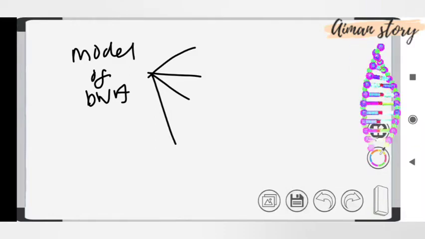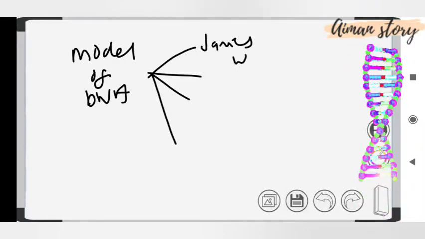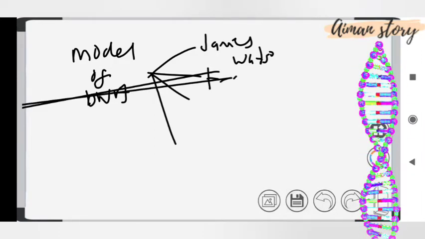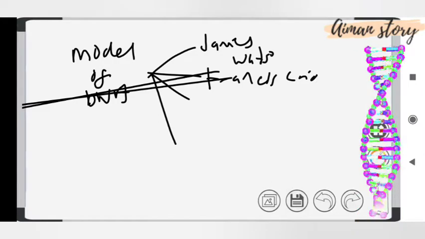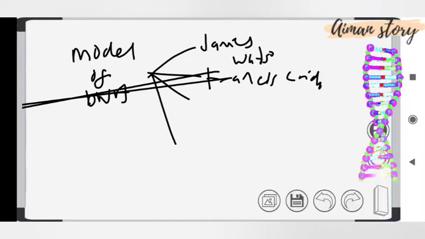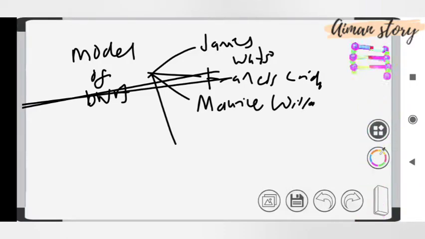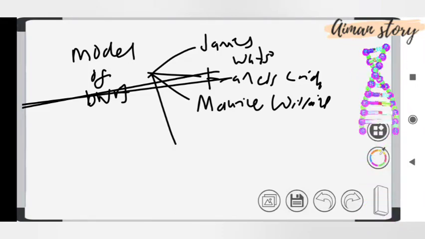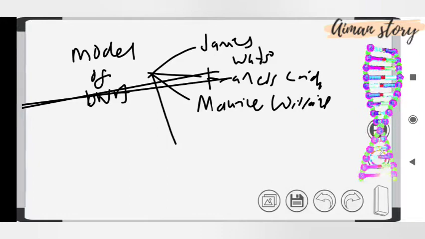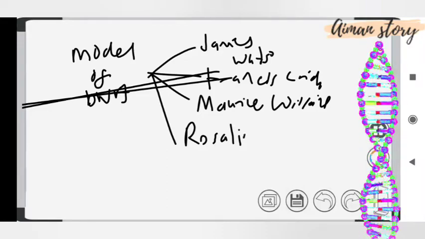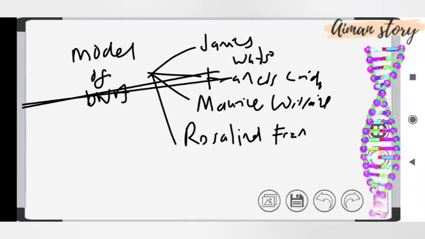One is James Watson, and then Francis Crick, and then Maurice Wilkins, and last but not least, the only woman scientist involved in this DNA research at that time, Rosalind Franklin.